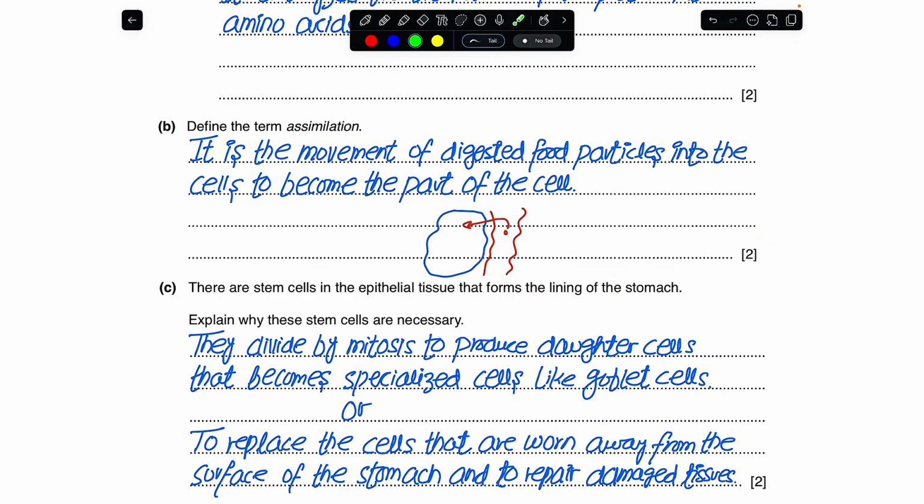Once the absorbed food molecules enter into the cells, they become part of the cells, like making their cell membranes or their enzymes. So simply, assimilation is the process where there is movement of the digested food particles into the cells where they become part of the cells.